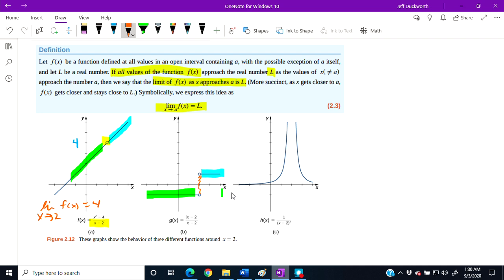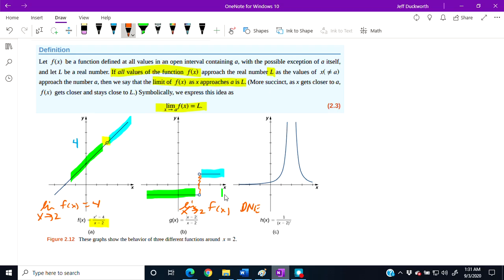We'll talk about one-sided limits later on, but as it stands, we're not getting closer and closer to one number from all sides. So this has no limit. The limit as x approaches 2 of f of x does not exist for this one.